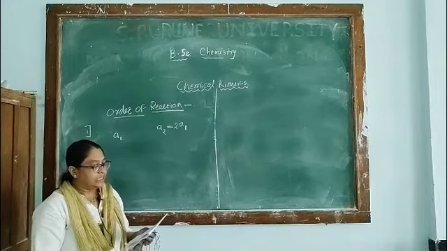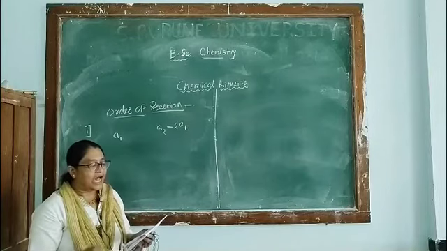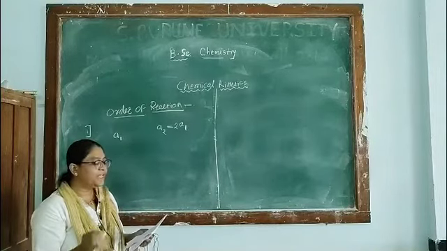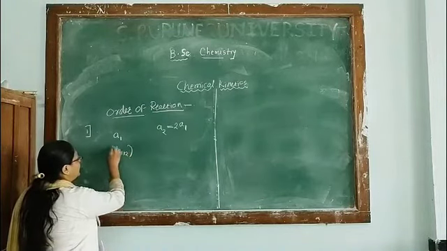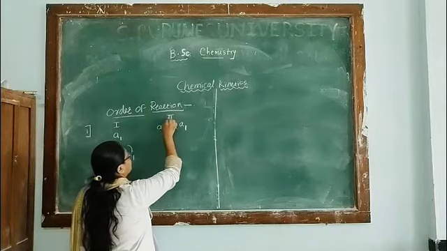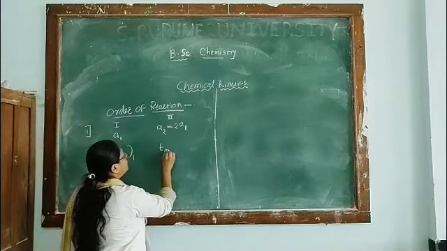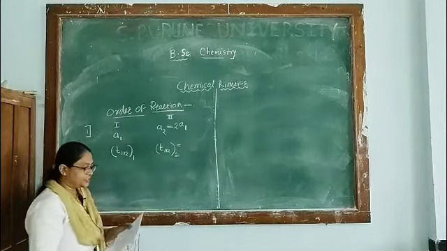Now the condition related to the half-life is that the half-life period becomes half. Let's consider that T half 1 is the half-life for the first set of reaction and T half 2 is the half-life in the second set of reaction.